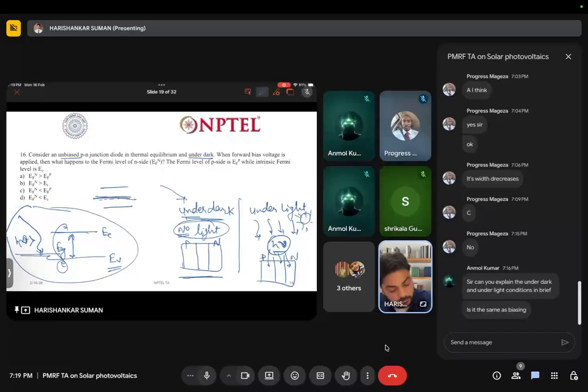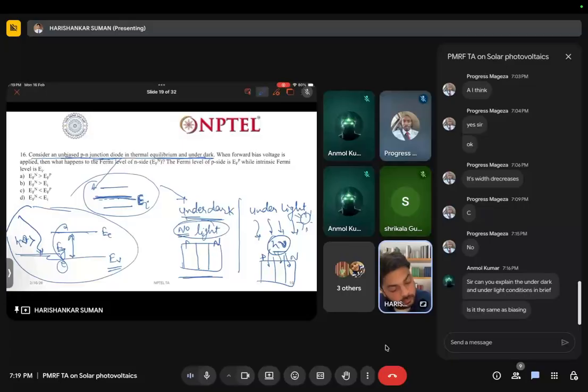This is the Fermi level, intrinsic Fermi level, EI. This is without bias. Consider the unbiased p-n junction diode under dark condition. This is the case first.